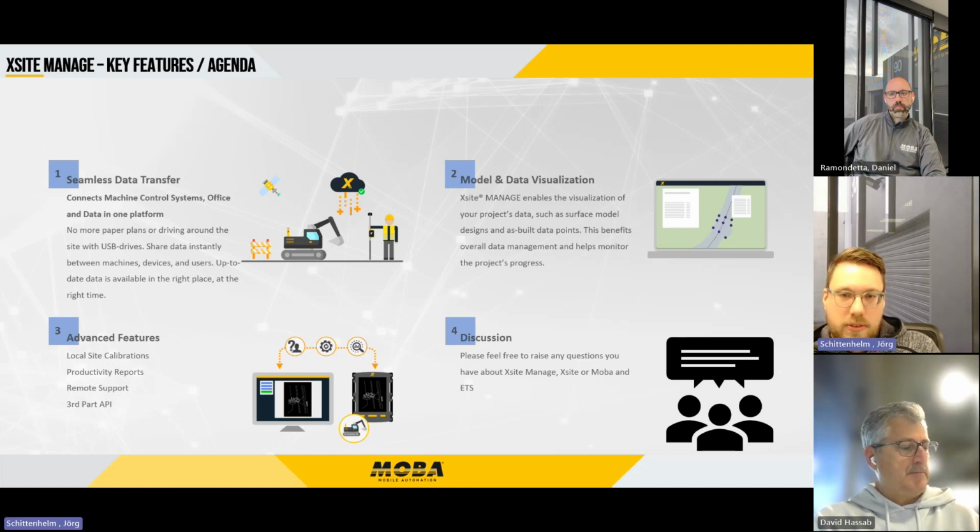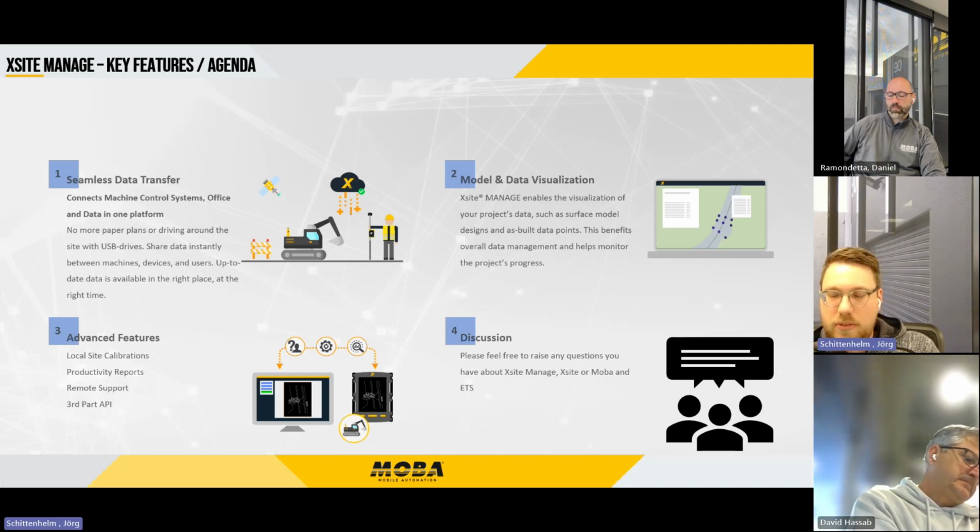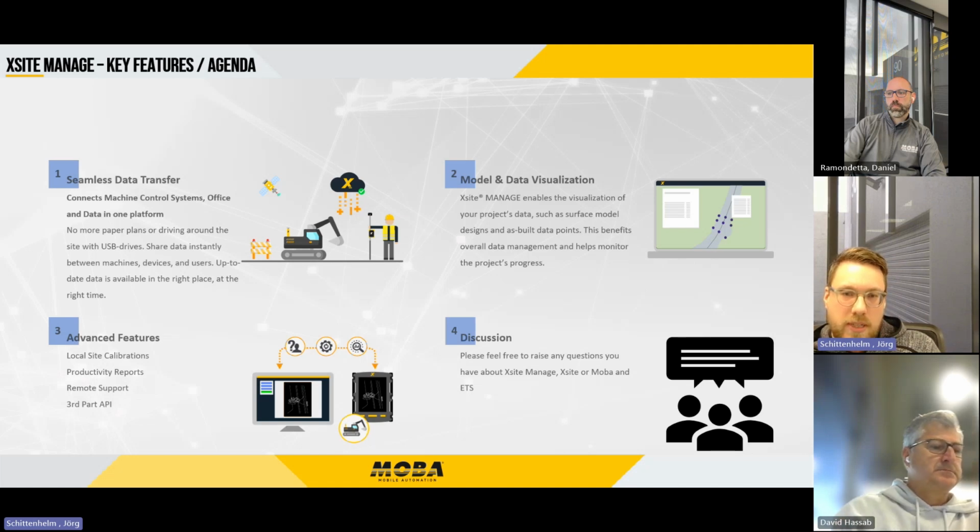Then you will see our remote support tool during the presentation. We will access two live machines or two demo systems that we have here, so we'll see a brief glance of our support tool. And then we're going to say some words about our third-party API. And then last but not least, of course, your questions.